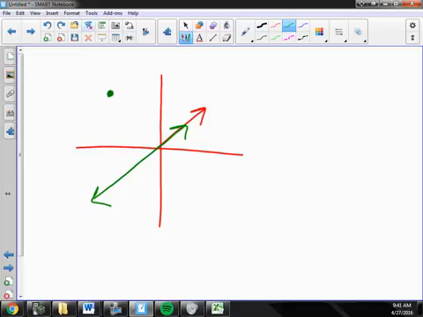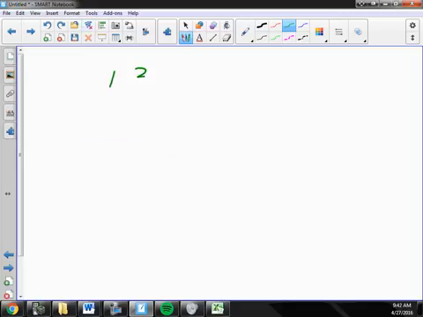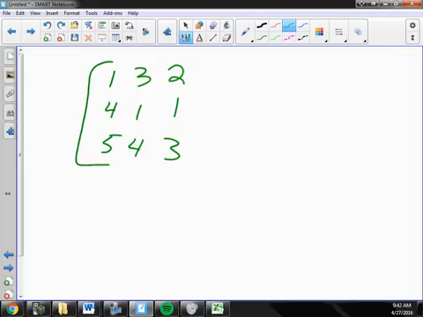Okay? So if I had this, is that matrix invertible? Well, are any of the rows identical? No, but what if I take row 1 and row 2 and add them together?